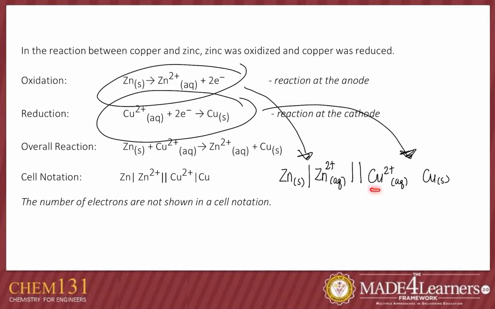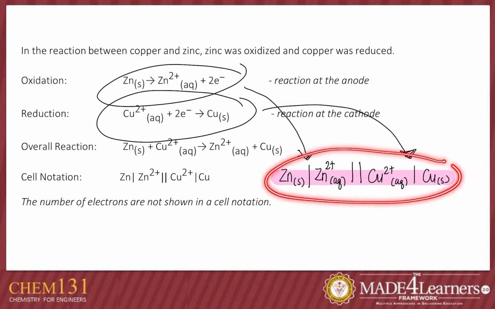This is aq and solid, so we are going to use a single vertical line for that. That is our cell notation for the reaction, for the overall cell reaction.